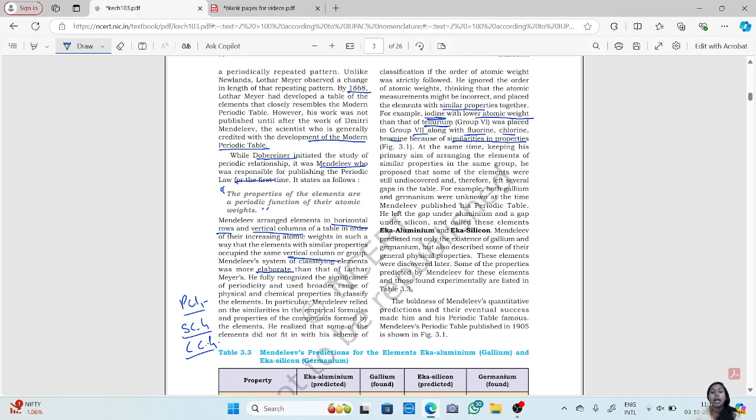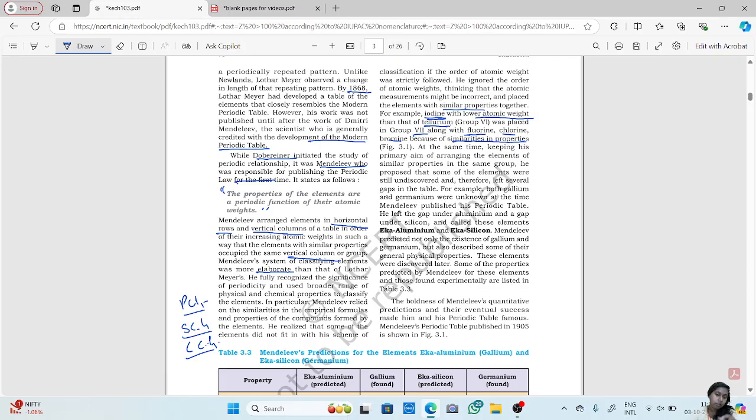Okay. Now, at the same time, keeping his primary aim of arranging the elements of similar properties in the same group, he proposed that some of the elements were still undiscovered and therefore left several gaps in the table. So what he did was, even though he arranged the elements in a table with their similar properties, he left a gap in the table, and for that gap he mentioned that there are still some elements which are undiscovered, and those undiscovered elements will have the same properties like this.